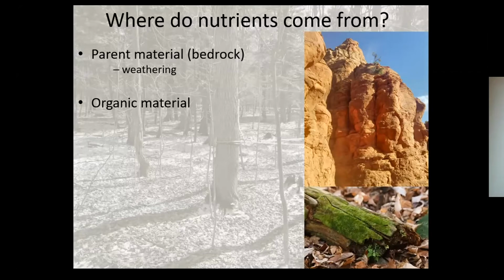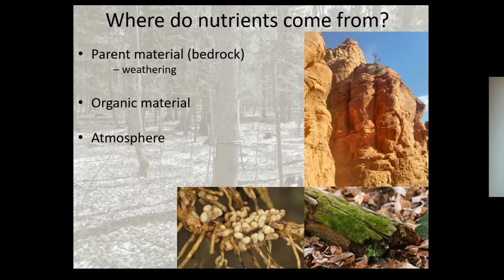Organic material is really important. That's decomposition of any woody material, any fecal matter from animals, or leaves that are decomposing, releasing nutrients back into there. So a maple is taking up those nutrients, dropping its leaves and decomposing.